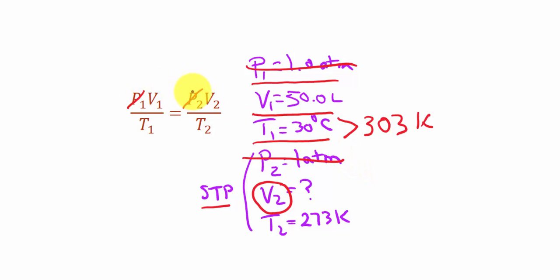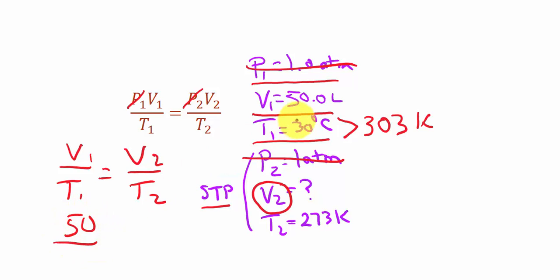So if I modify the gas law, only including the volumes and the temperatures, I get the expression V1 over T1 equals V2 over T2. Now I can plug in the numbers. So it's going to be the 50 liters divided by the initial temperature of 303 equals the final volume, V2, divided by the 273.